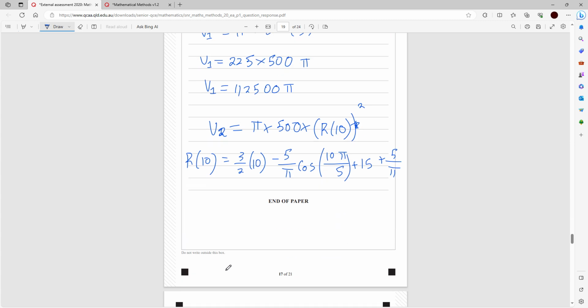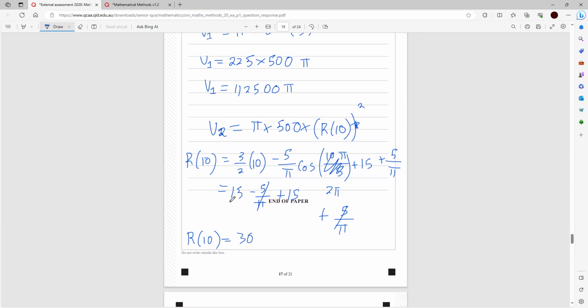So 3 times 10 is 30, divided by 2 is 15. This here will be 2 pi. Cos of 2 pi is going to be 1, so we'll have minus 5 pi plus 15 plus 5 on pi. You can see those cancel. So r of 10 will be 30.